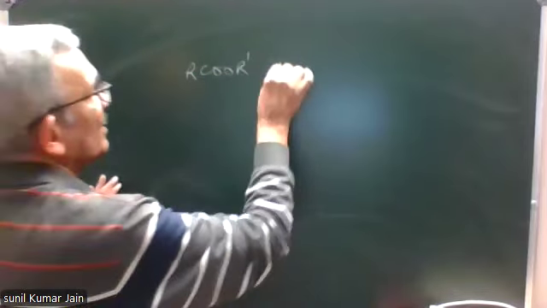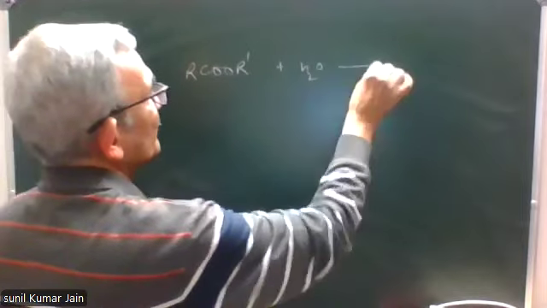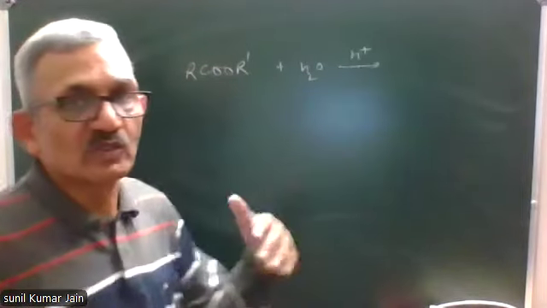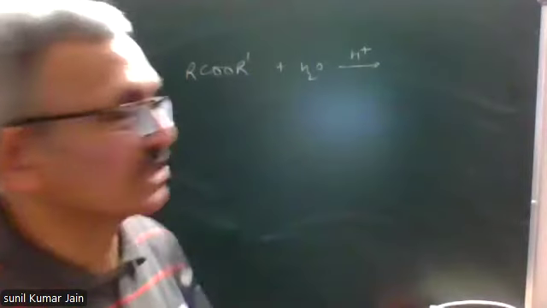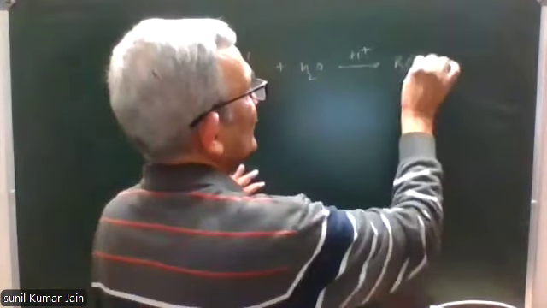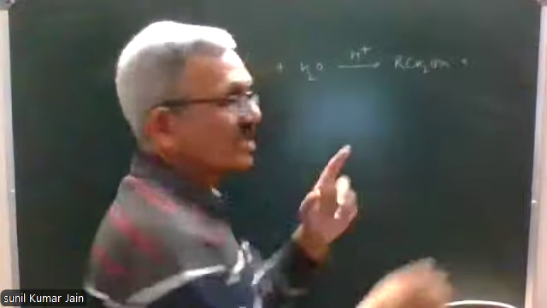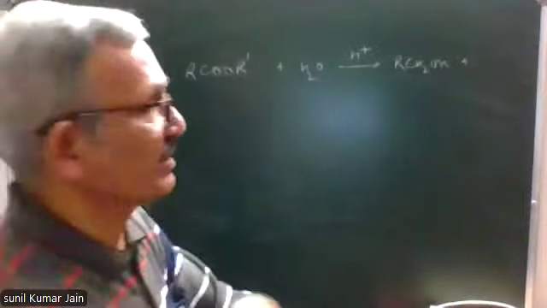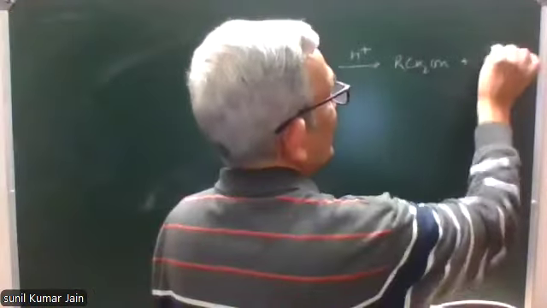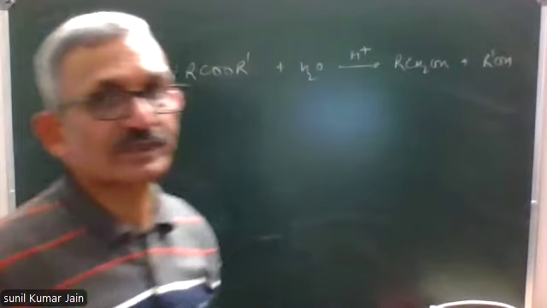RCOOR' plus water. We can use any acid to catalyze the reaction, will give same 2 alcohols which I gave in the last equation, RCH2OH and R'-OH.